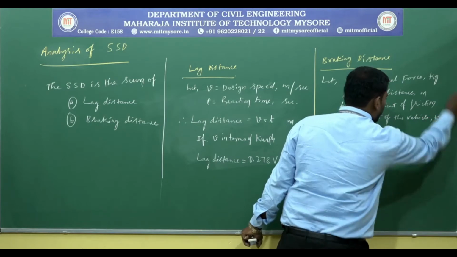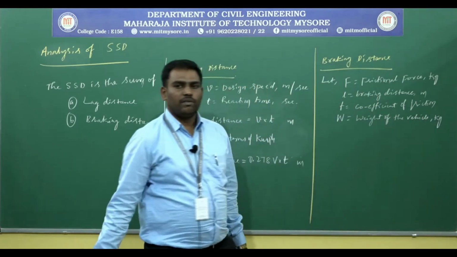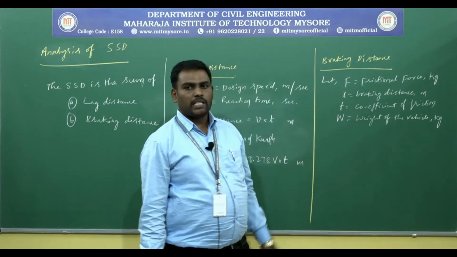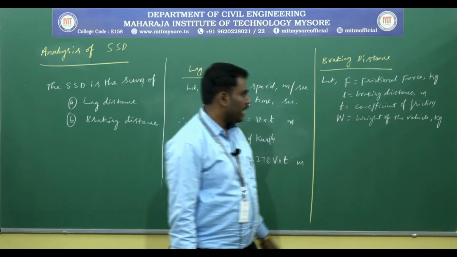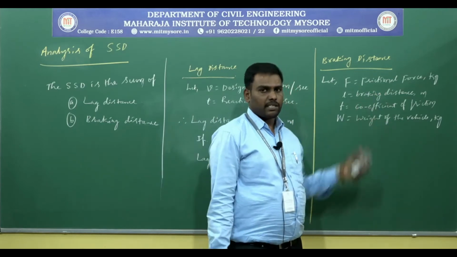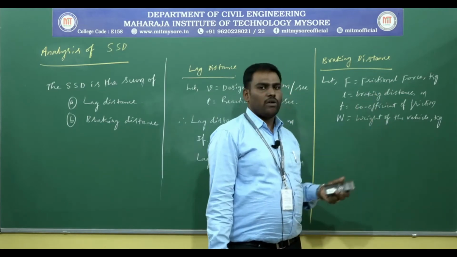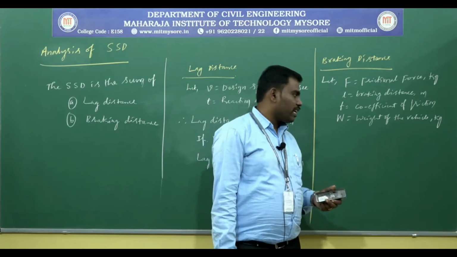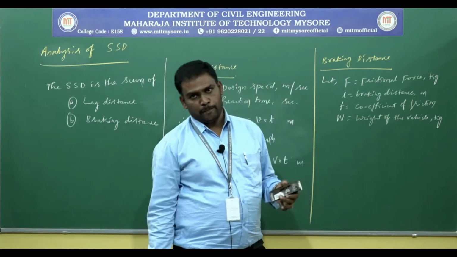W is the weight of the vehicle in terms of kg. Capital F is the maximum frictional force developed in terms of kg. L is the braking distance in terms of meter. Small f is the coefficient of friction or skid resistance. W is the total weight of the vehicle in terms of kg.